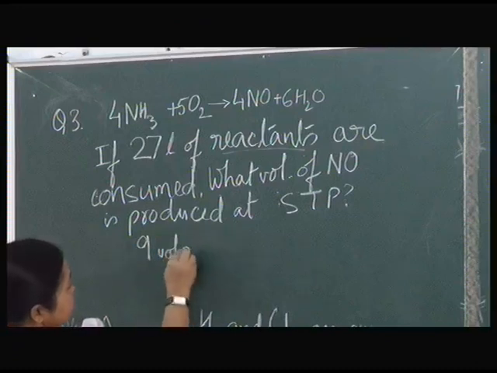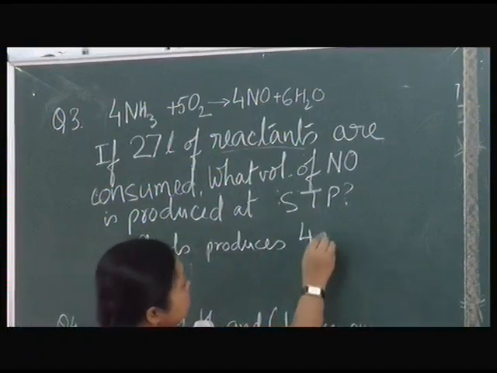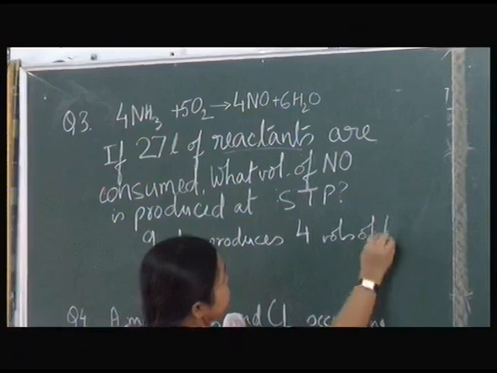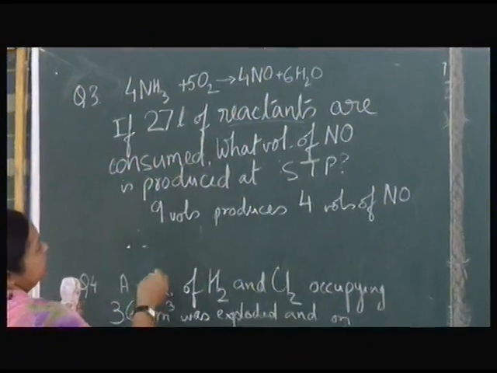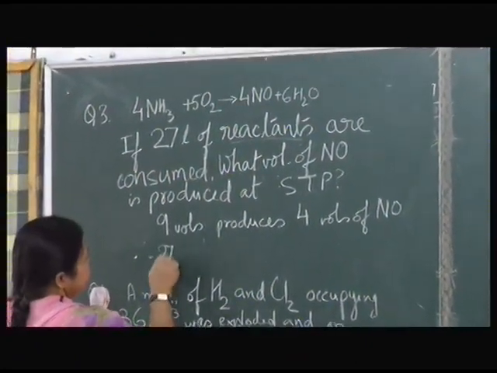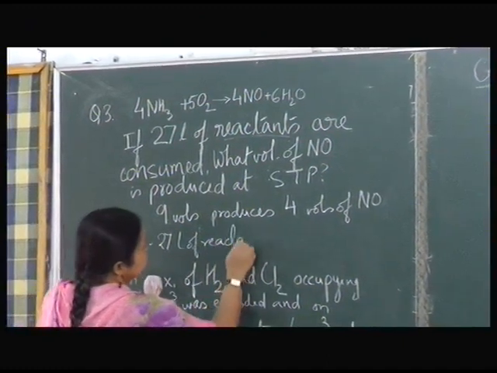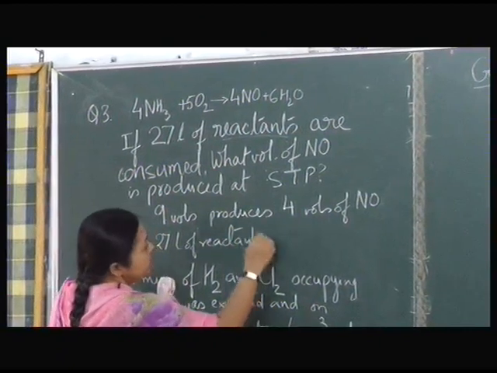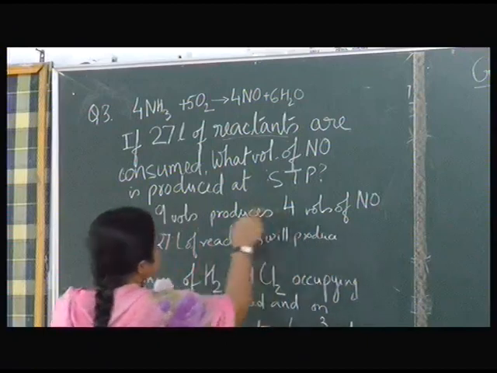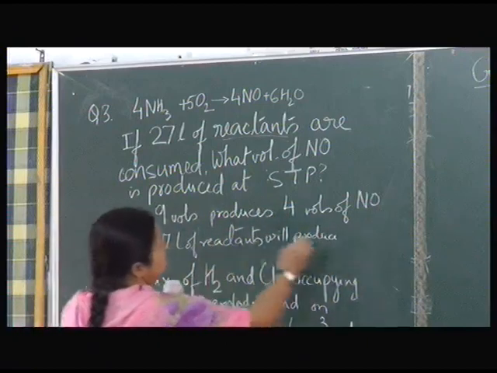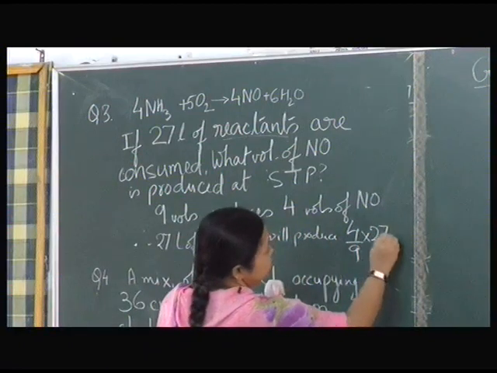9 volumes produces 4 volumes of NO. Therefore, 27 liters of reactants will produce... 1 will produce 4 by 9, and 27 will produce 4 by 9 into 27, just unitary method.